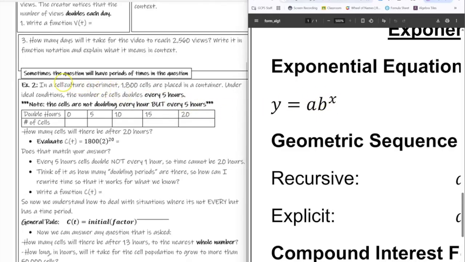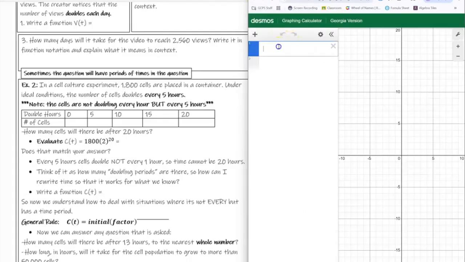So this is saying I'm going to start with 1,800, so that's my A, and then it's going to double, and so my growth factor, because it's doubling, is 2 every 5 hours. So y equals my A, which is 1,800. Then you can multiply or you can put it in parentheses, both are okay. And then this is supposed to be my time, x over 5, right?